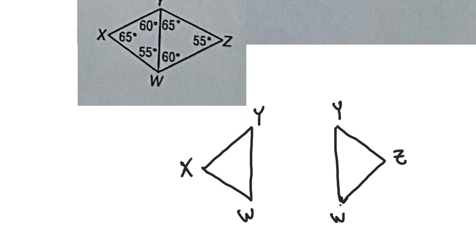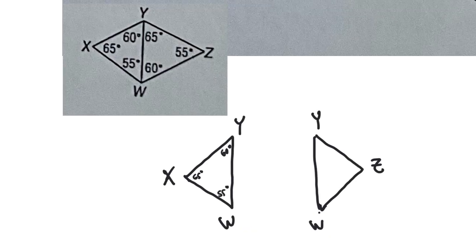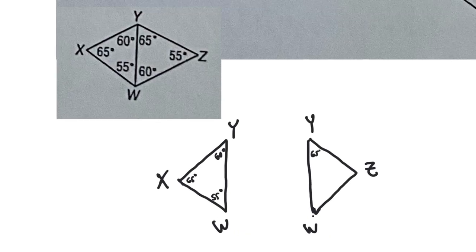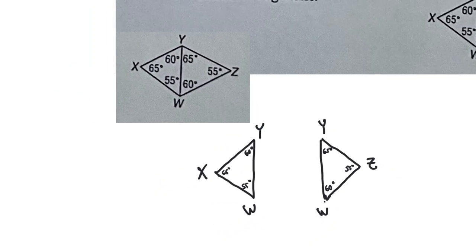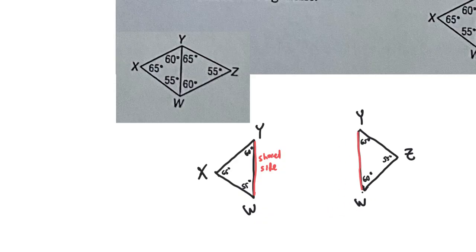So we have 65 here, 60, 55, 65, 60, 55. Now they both share this red side, which I'll call the shared side. That's the shared side.